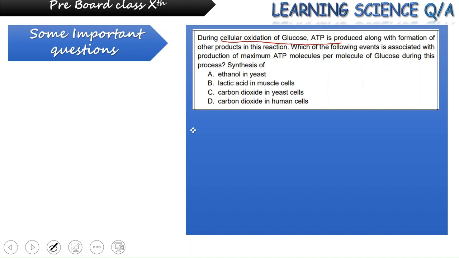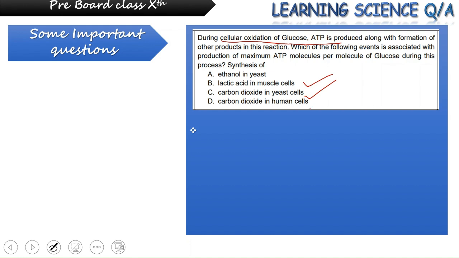Like lactic acid formation is taking place inside humans also when you are doing some strenuous exercise or climbing up the stairs. You must be feeling cramps in the muscles. That is because of the lactic acid formation. We have carbon dioxide formation in the yeast cell.